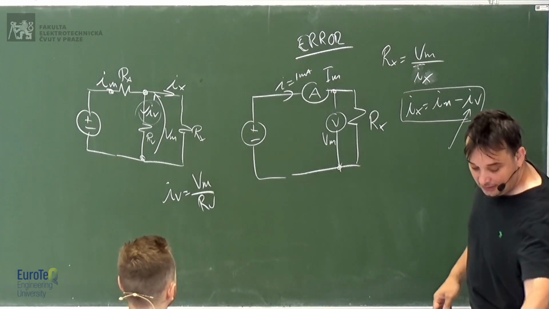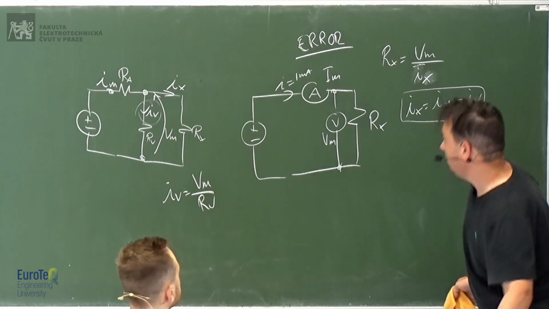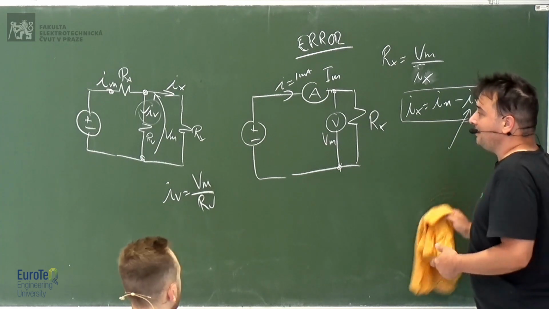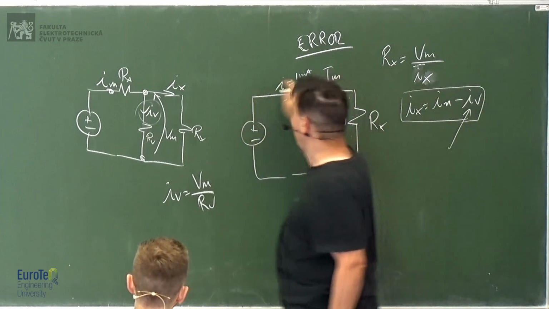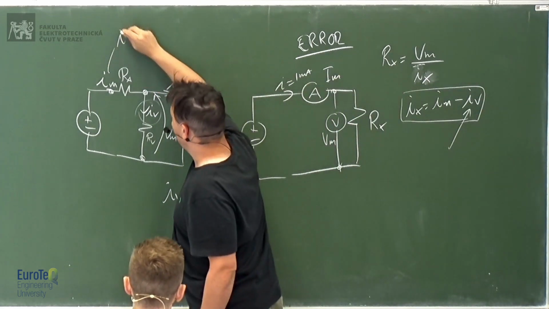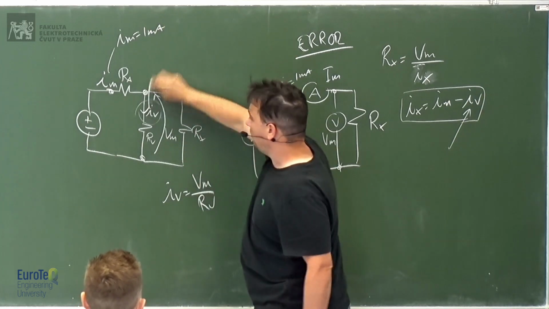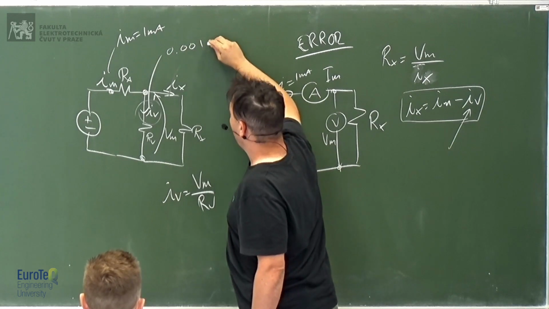But then there is another thing, which is uncertainty. In that case, you cannot say, I have to subtract, I measure 1 milliamp here, and I don't know, the current in the voltmeter will be 0.001 milliamp.